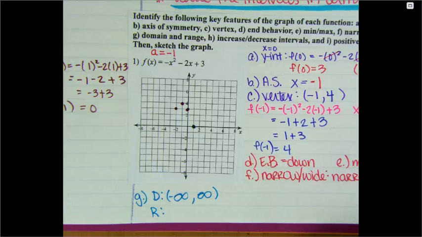Okay? Now, positive and negative. Let's talk about that. So, positive, I said you're located where? Read up at the top of your notes. Where's positive located? Above the x-axis. So if I'm above the x-axis, those are my positive pieces, yes? Am I lying to you or am I telling you the truth?